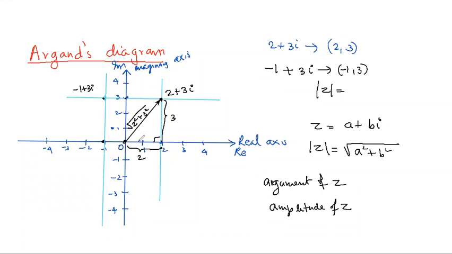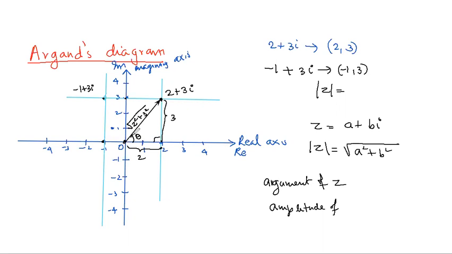It is nothing but, from the x-axis, how much should I rotate? Look at this. The angle through which it has to be rotated. From where should I start? From here. How much should I rotate to reach here? Whatever the angle I'm rotating from the positive x-axis to reach here, that angle is known as the argument of z. Did you follow that?